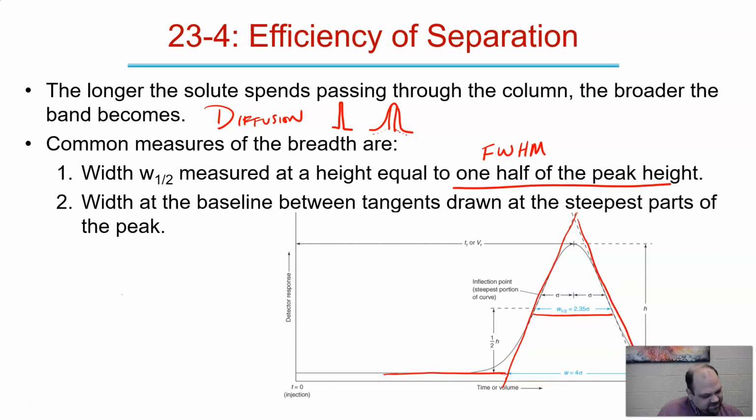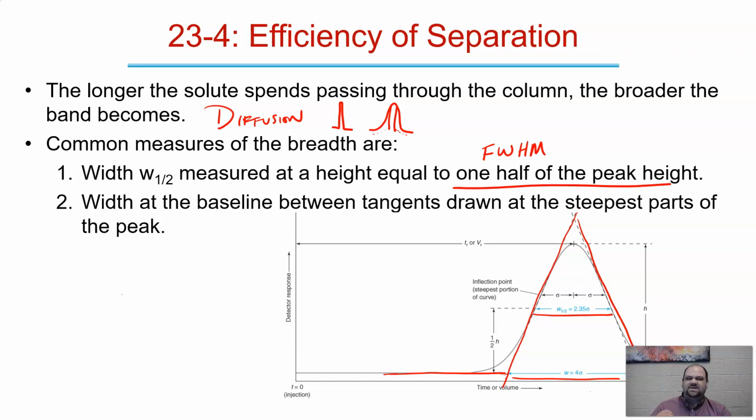Sorry you can't see, my webcam is in the way, but we have the width at the baseline versus the width at the top. This is giving values in sigma, that's standard deviation. We're not going to get into the statistics of these curves, but generally speaking, the width at the half width is obviously going to be narrower than the width at the baseline.